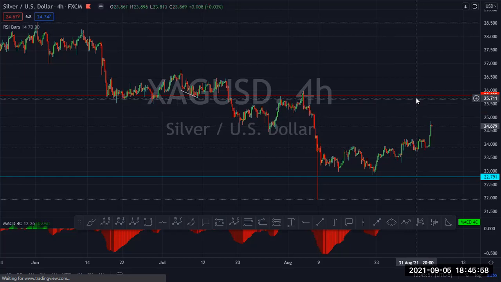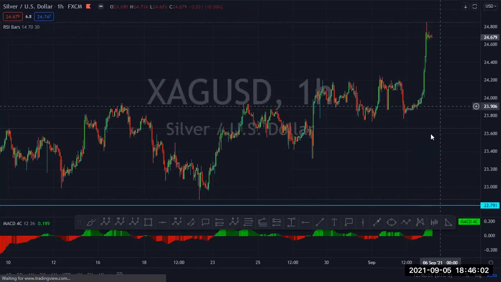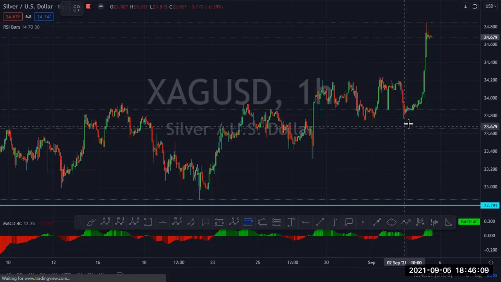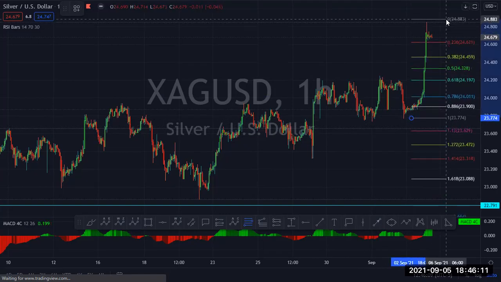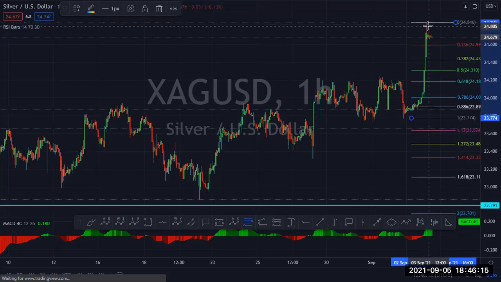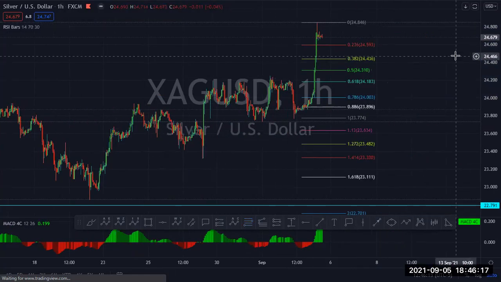But for now, to get a buy entry, let us wait for a reasonable correction on silver, then we have reason to buy or sell.